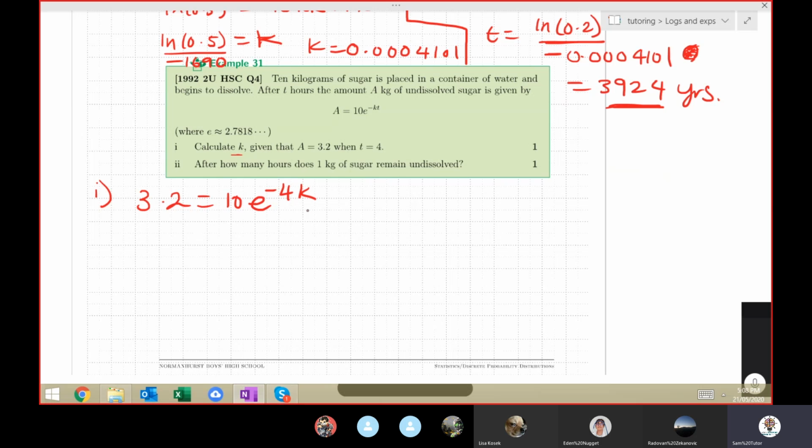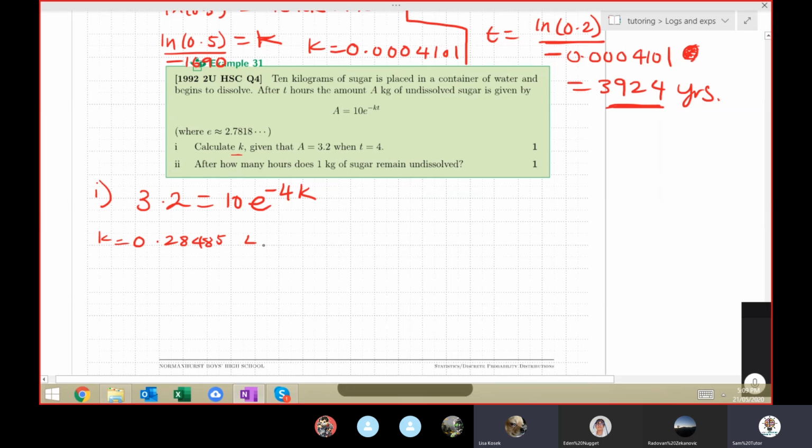Anyone got a value for k? Kind of. What did you get? 0.28485? That's good enough. Anyone confirm or disagree? I'm putting it in the calculator. That was you, wasn't it, Lisa?